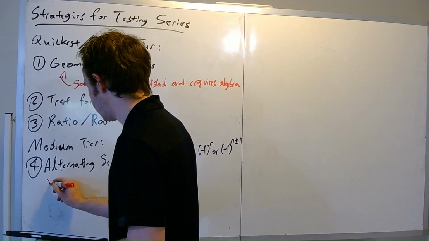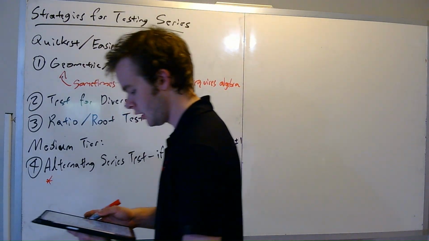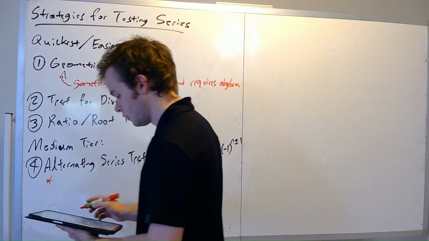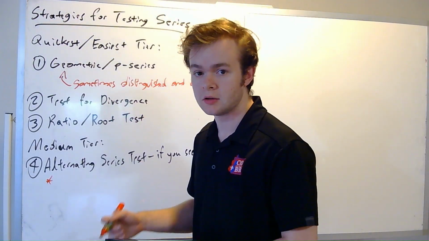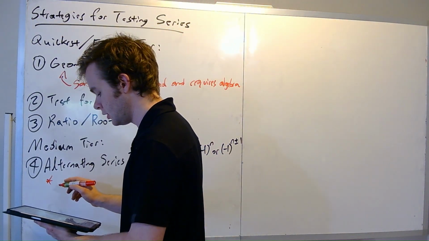And notice for the alternating series test, you need a decreasing sequence whenever you take the absolute value and you get that sequence of b, so bn.